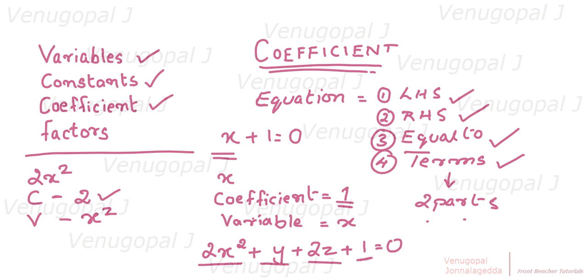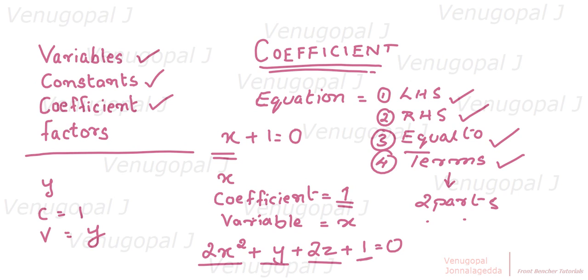I'll write the second term over here. The second term is y. So the coefficient of the second term is 1. You remember 1 into anything is the same value. The value does not change. So the coefficient of only a single term y is 1 and the variable, as v, is y.